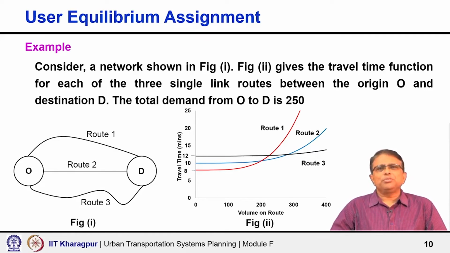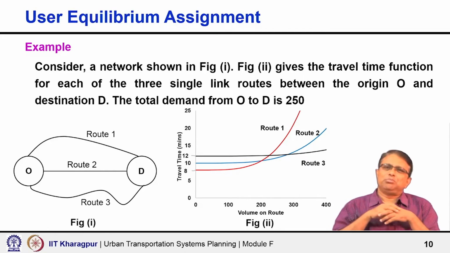Because different routes may have different capacity. One road may be a very narrow road, another may be a wider road, another may be a further high capacity road. So, with a certain volume, one road may become congested, and the travel time starts increasing very fast, as you can see here.